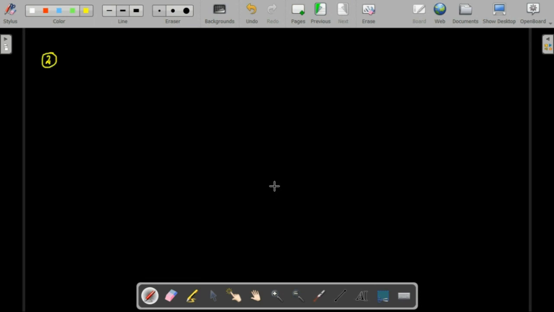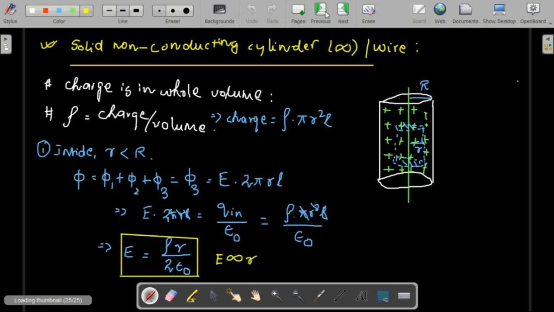I don't think we need to draw the diagram again. I hope it's quite clear. R will be greater than capital R. If we take that R is greater than capital R, that means we are basically considering a point outside the cylinder. So maybe we can take help from the previous diagram.